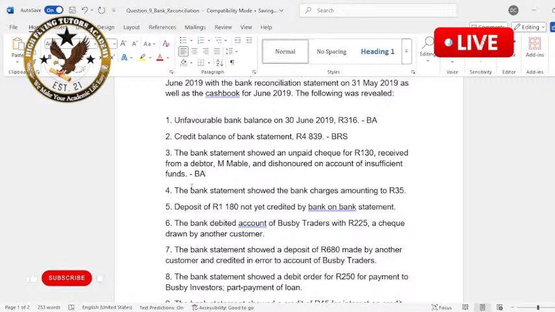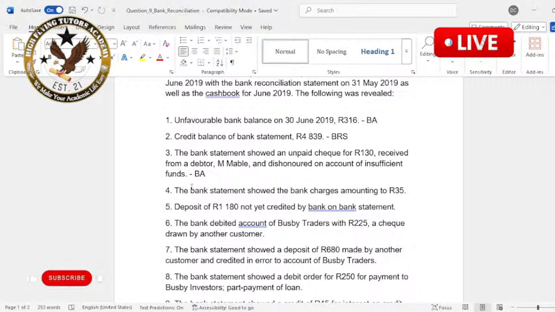The next transaction says the bank statement showed bank charges amounting to 35 rand. So remember, with the bank charges, the bank just pays itself from your bank account. It doesn't even ask you. You will just see on the bank statement that there was a deduction from your money of bank charges by the bank.